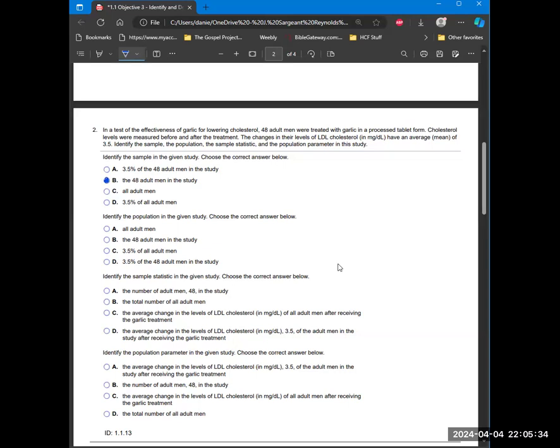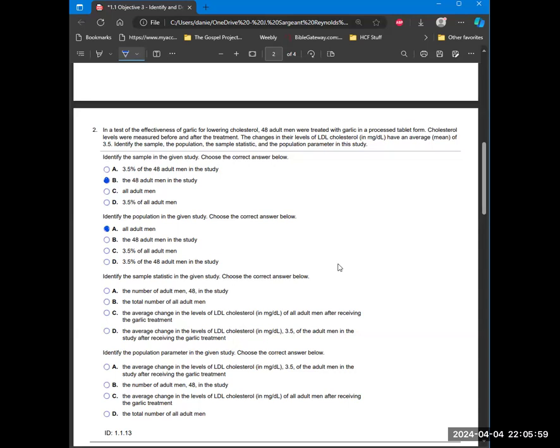Let's identify the population in the given study. And that's going to be all adult men that we're trying to make an inference about, right? Then we're to identify the sample statistic in the given study.